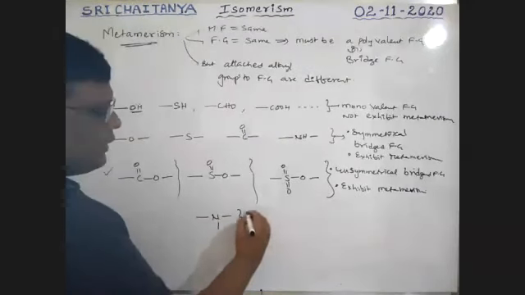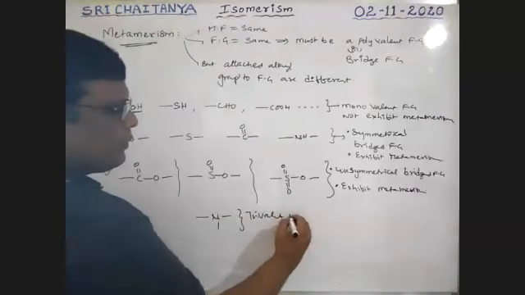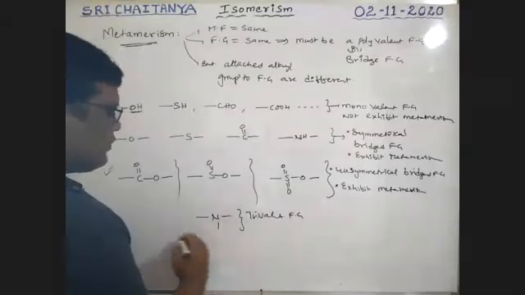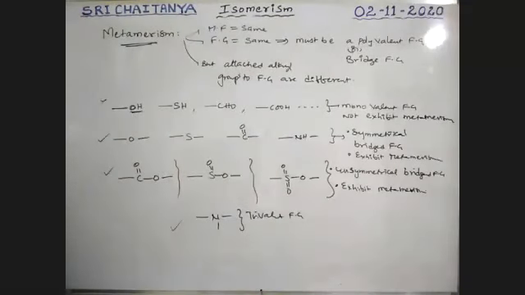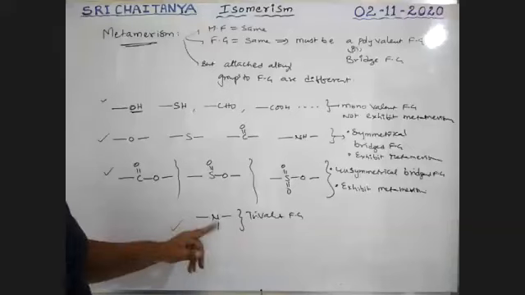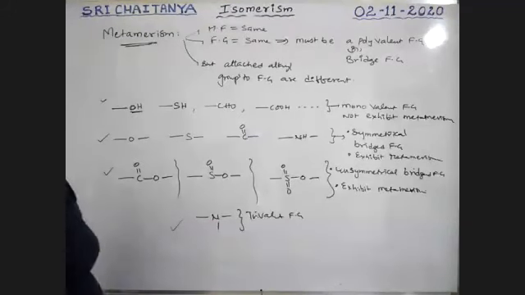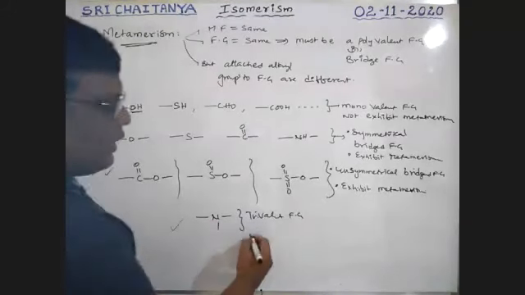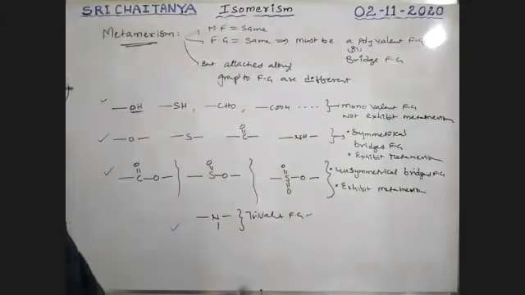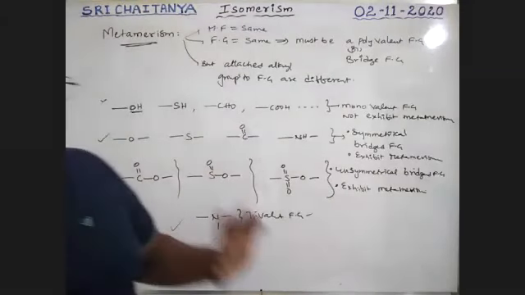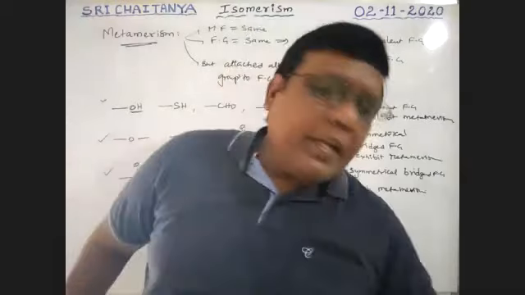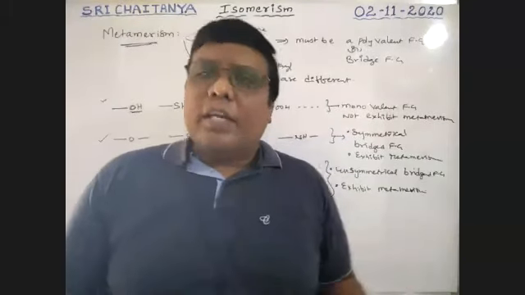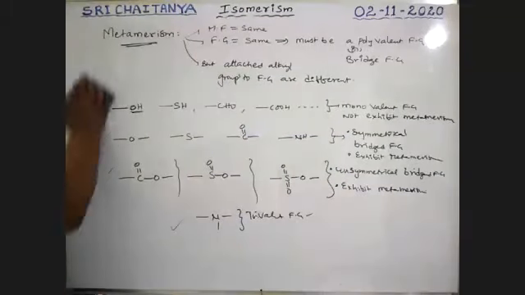It is a trivalent functional group, and so this one also exhibits metamerism. It is a tertiary amine, boys. So except monovalent functional groups, all the remaining exhibit metamerism. So let us discuss one by one with examples. See here.